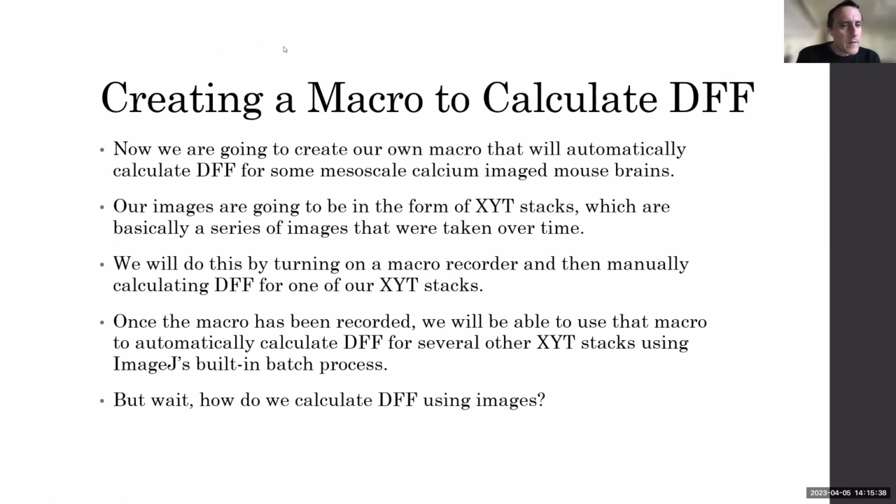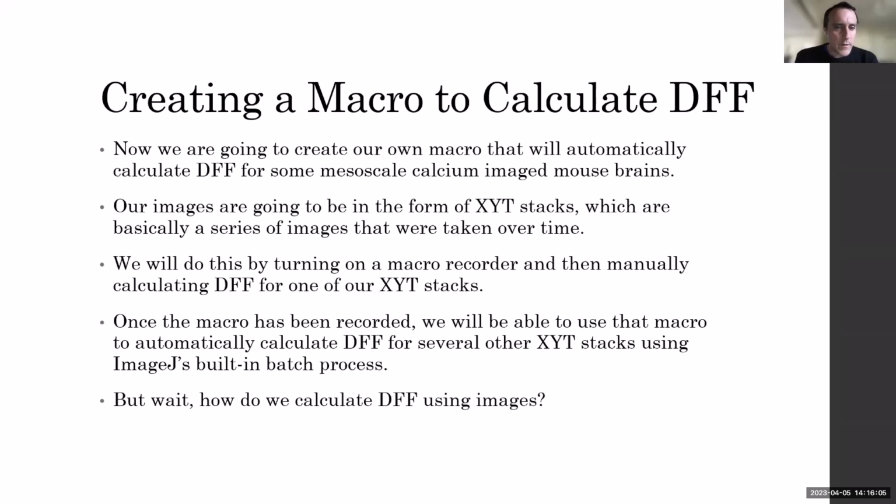Okay, so Amy's going to lead you through the steps to create this macro, which calculates the fractional change in fluorescence, the DFF. The images that we're going to use are also stacks, but not X, Y, Z stacks like we saw in some of the earlier examples. The extra dimension here is time.